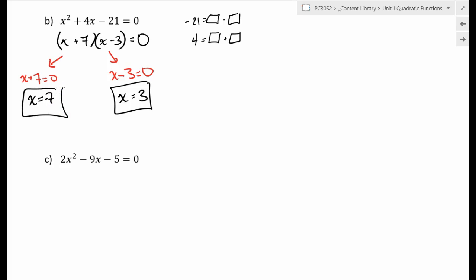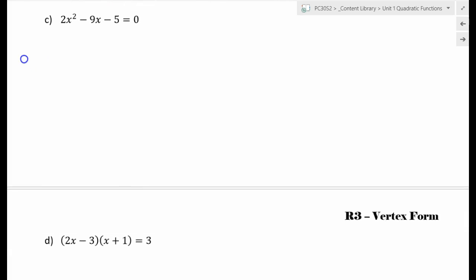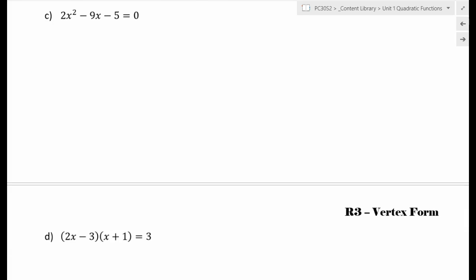Are we feeling comfortable with this? Ready to try a complex trinomial? We'll give it a shot. Maybe using the crisscross method. I'm going to do it off to the side here. I need 2x to show up, so 2x times x equals 2x squared.